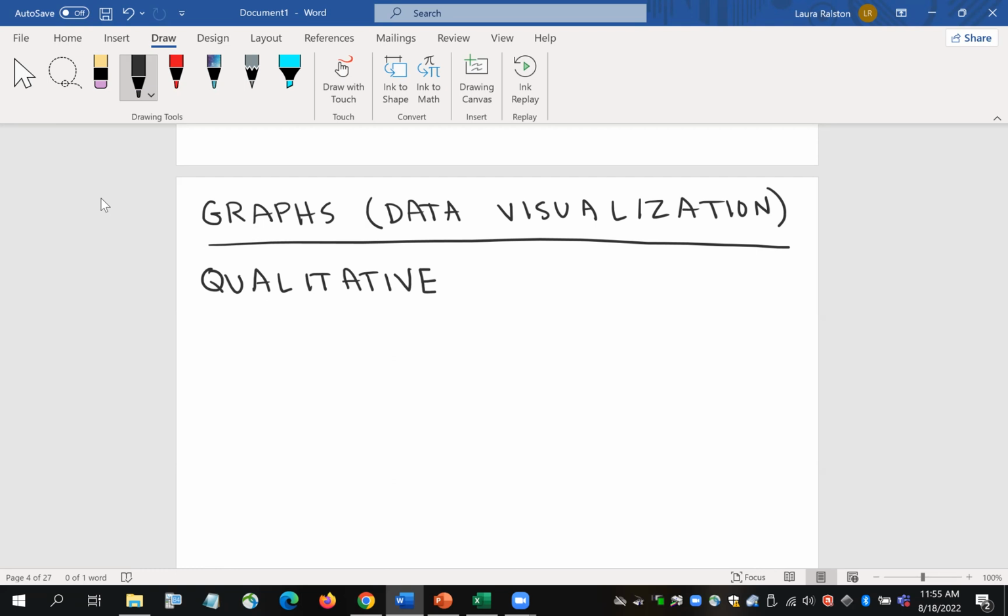I want to talk about qualitative first. The 2 primary graphs that we talk about in Stat 1401, and really in this course, for qualitative data are a bar graph and a pie chart.